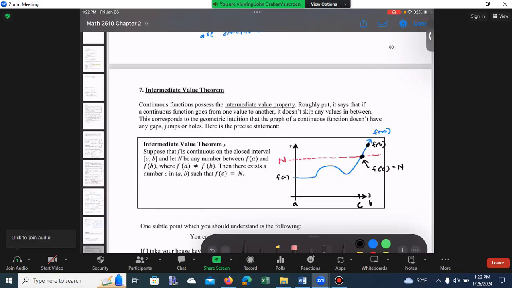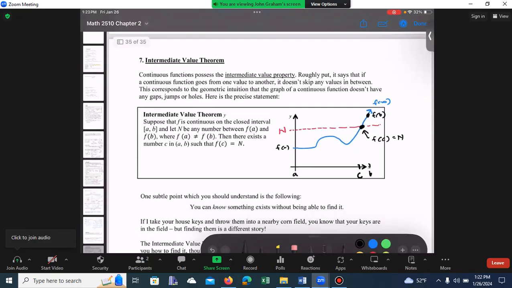In other words, if a function is continuous, then to cross a specific line, it must go through it, so there must be a point that exists there. There's no way of jumping from this side to this side without having that point. You have to cross that point if it's continuous.